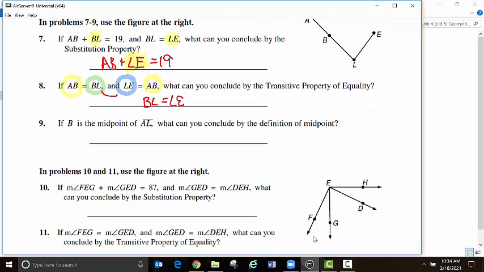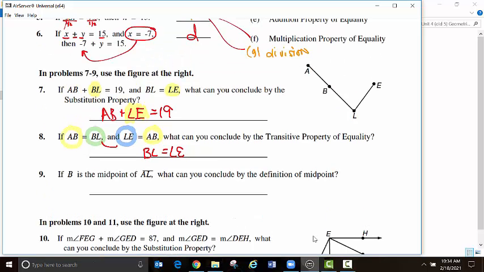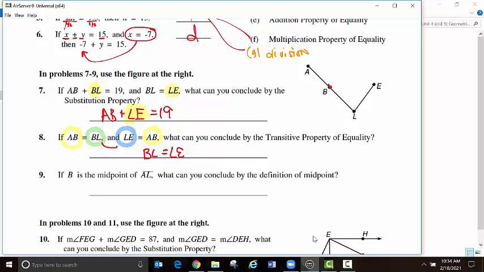If B is the midpoint of AL, what can you conclude about the definition of midpoint? Saying this is the midpoint. That means it's in the middle. That means that AB is equal to BL. They're the same length. Or you could say segment AB is congruent to segment BL.